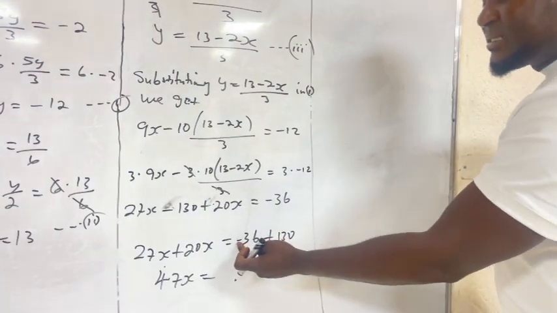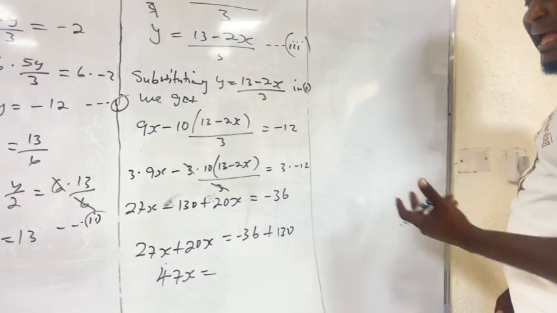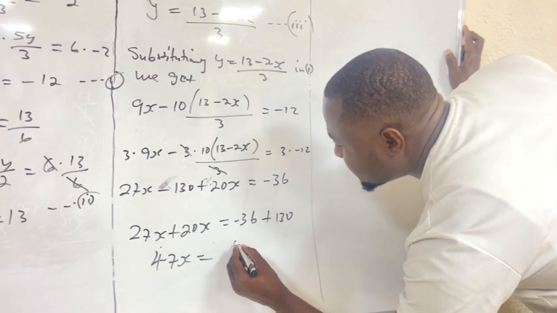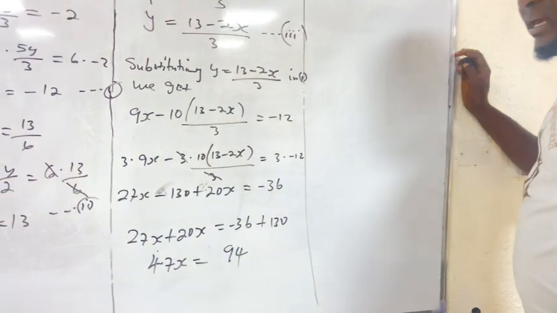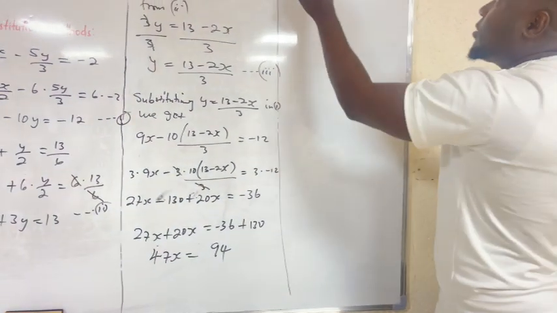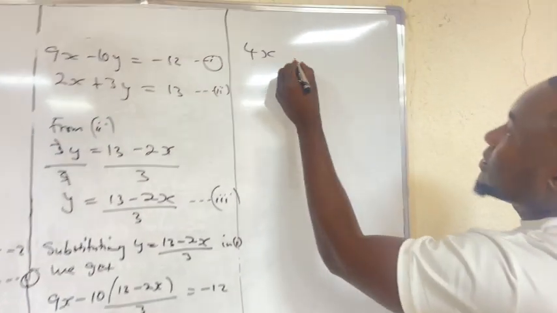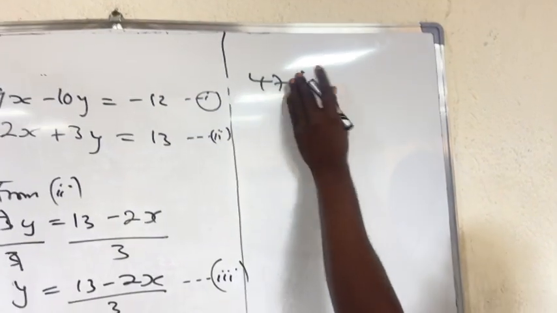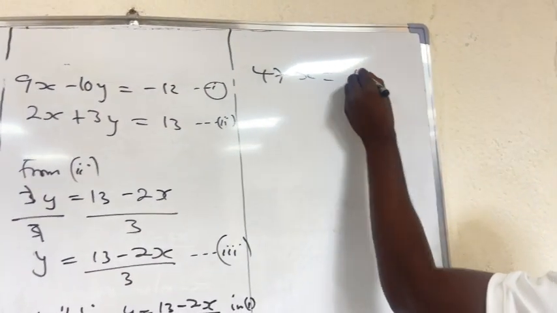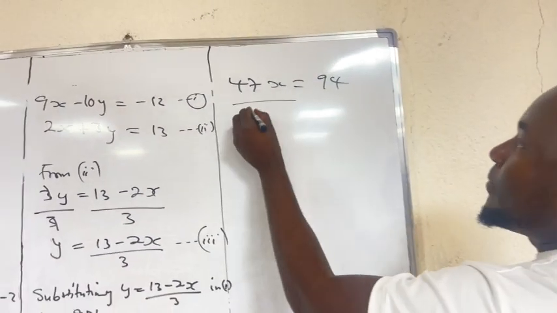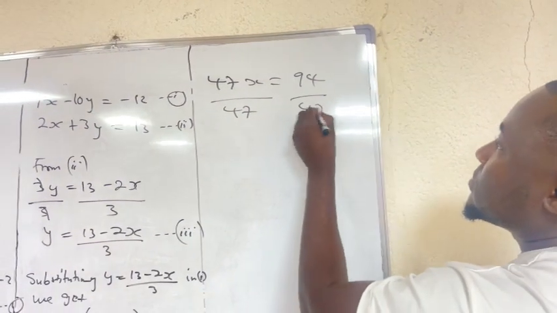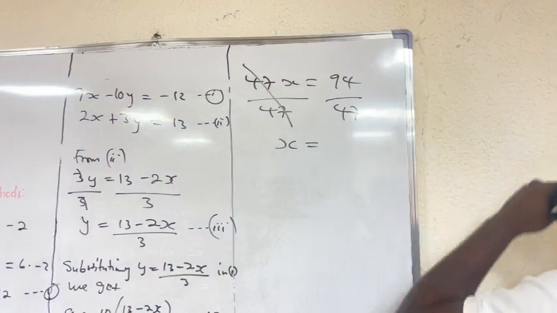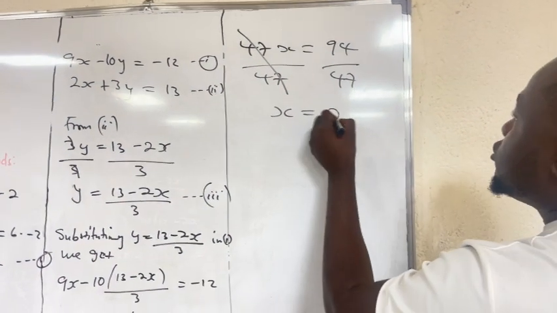We have negative and positive is negative, but the higher number carries the sign. So we got something like 94 here. Now, 47x is equal to 94. We divide both sides by 47. So x is equal to 94 over 47, which is going to give us 2.